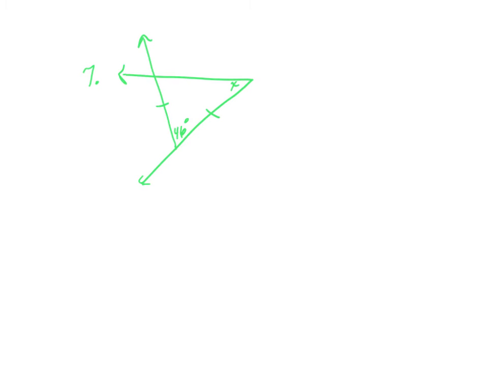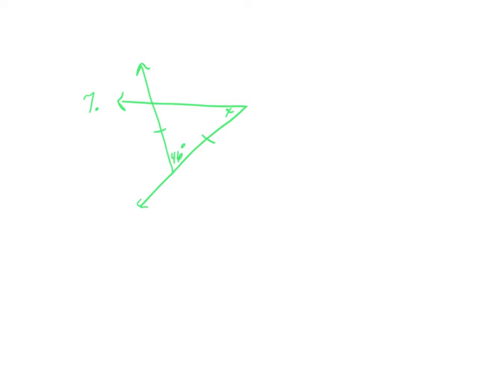Now, when you get your paper, this triangle is drawn like that, but you can feel free to turn it upside down so that the two sides that are equal are forming the mountain, you understand? And then you know that the two angles on the floor would be the same.